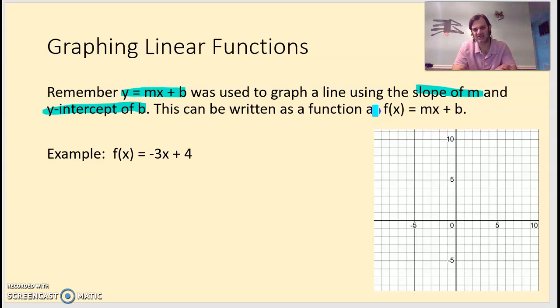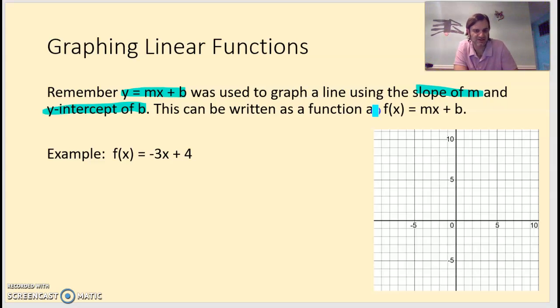It's considered a function even if you say y equals, if it works, but if you want to actually declare it to be a function, you can use the f of x. Y and f of x are used interchangeably, while f of x definitely carries more weight. So we have graphed linear equations or linear functions before, we just didn't call them functions.